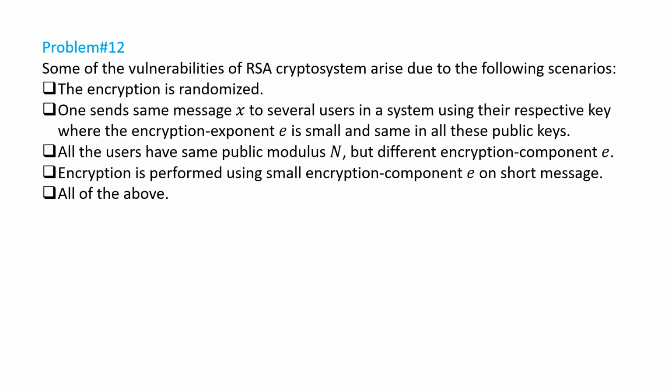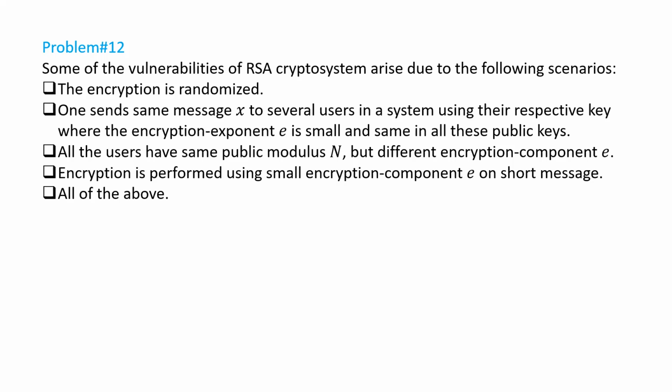Then one sends same message X to several users in a system using respective key, where the encryption exponent E is small and same in all these public keys. So just now we had seen one example where we were sending R to the power cube. So R cube mod n1, R cube mod n2, and R cube mod n3 to three different parties, right?